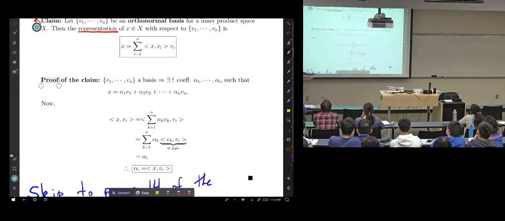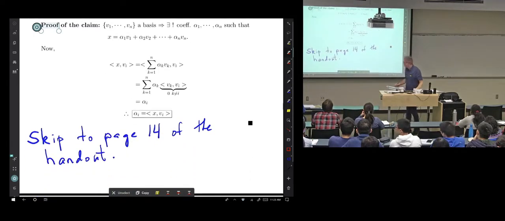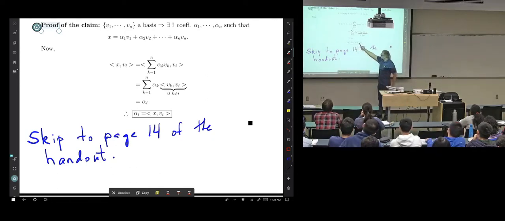And then if the basis is orthogonal and not orthonormal, you're going to get a norm of vi squared here. So just play with it. So that's super cool. When it's orthonormal, this is how you get the ith coefficient of the representation.